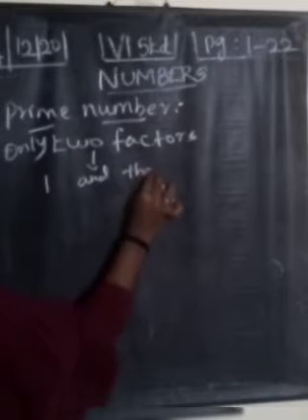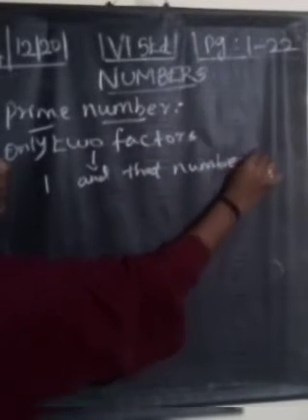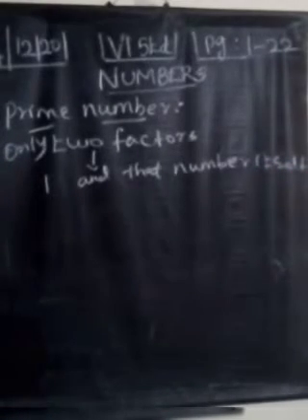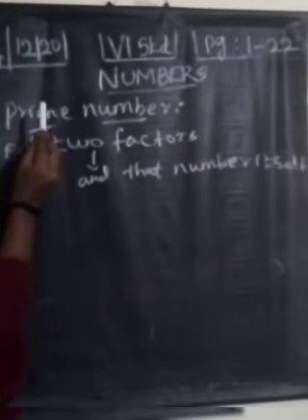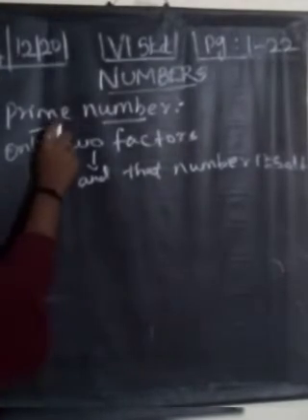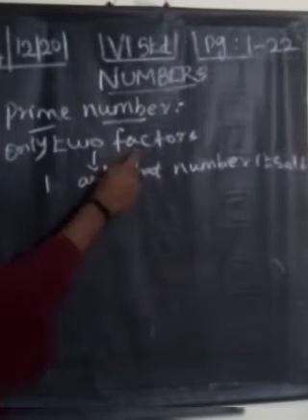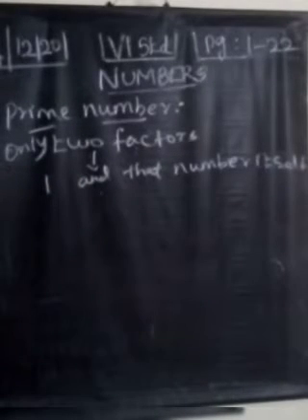That is called a prime number. So a natural number greater than 1 having only two factors, namely 1 and the number itself, is called a prime number.